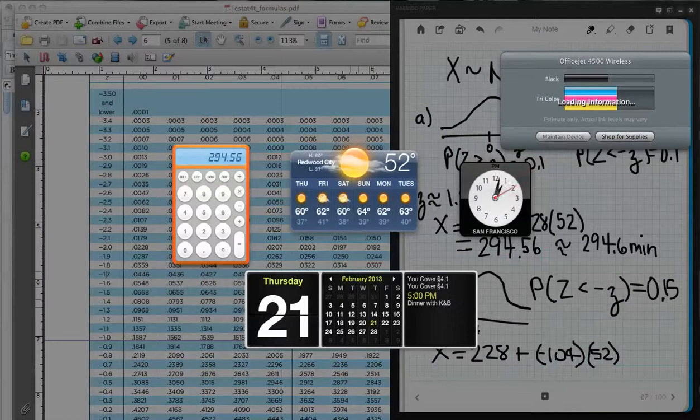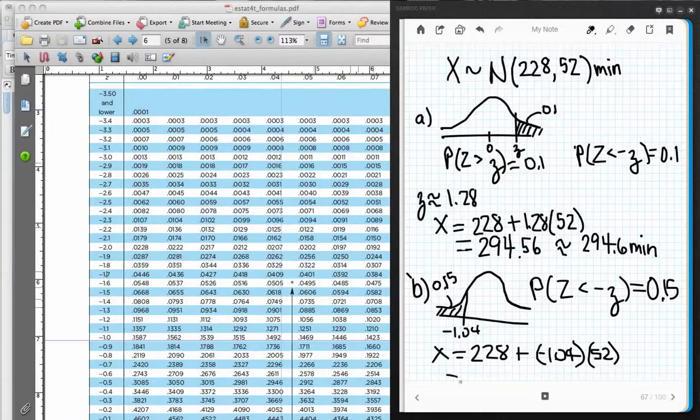So now let's go to calculate that. 1.04 times 52. And then I'm going to go ahead and subtract, because that's a negative, from 228. So I'll get 173.92. Now again, remember that my mean is 228, and 174 is further away from it, right?